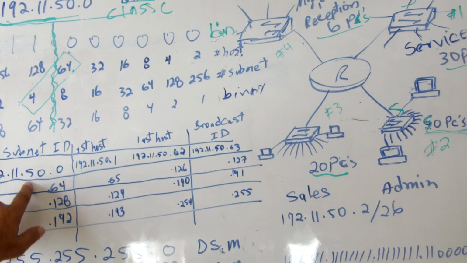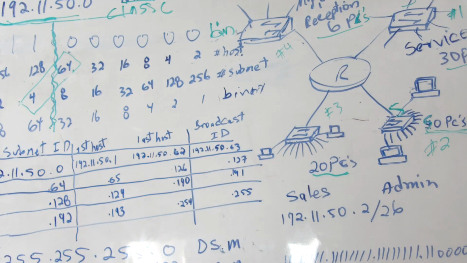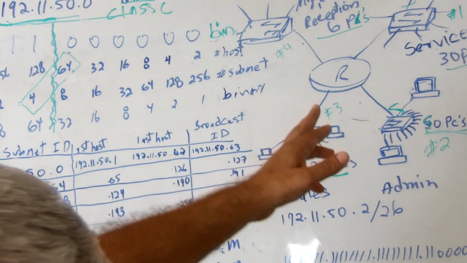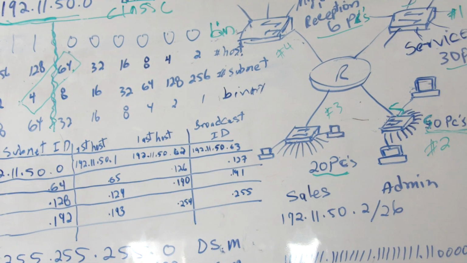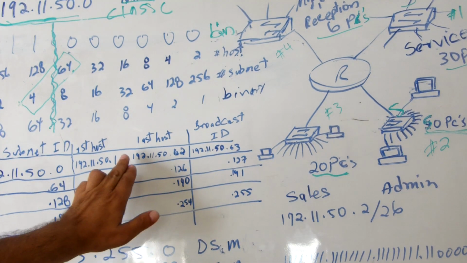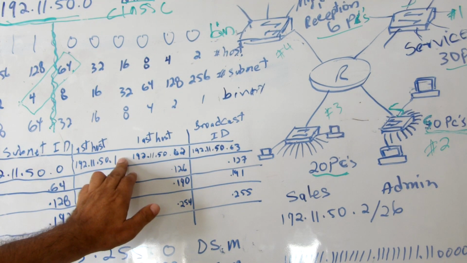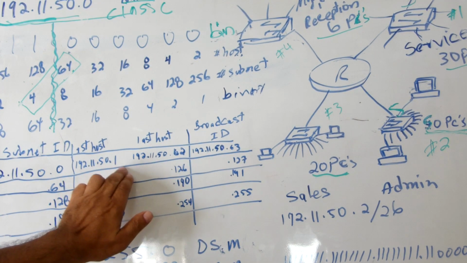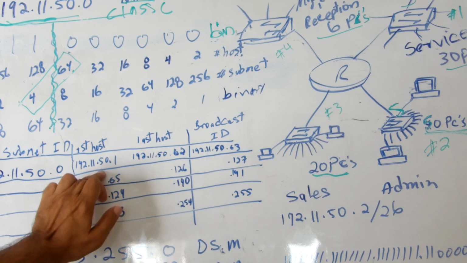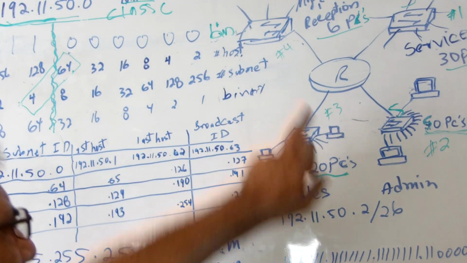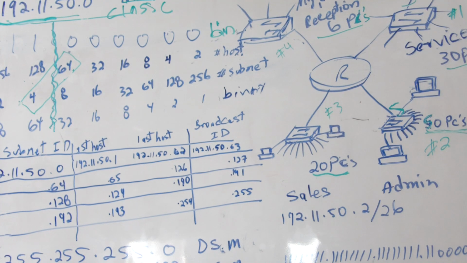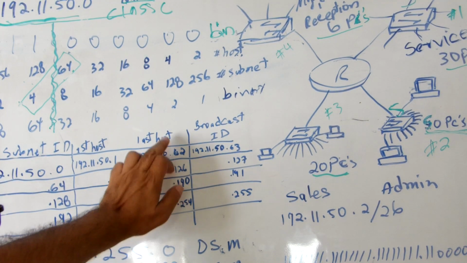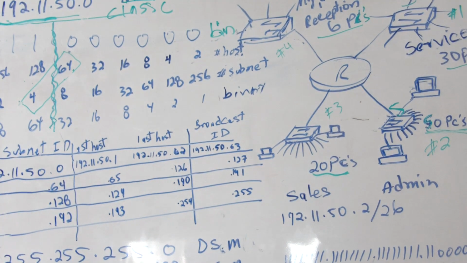But this one gives you about 62. You can use 62, you can even raise it up to 62. Actually, start from 192.11.50.2, because .1 is for the gateway. We talk about it soon, and up to the last host, which is going to be number 62.